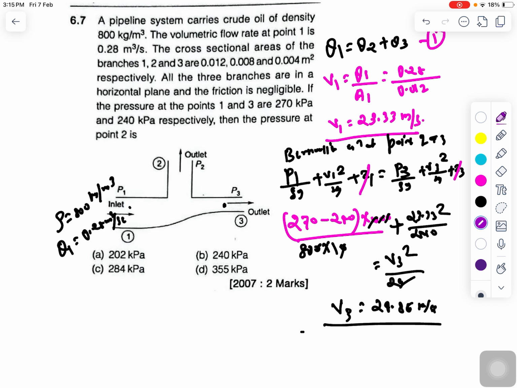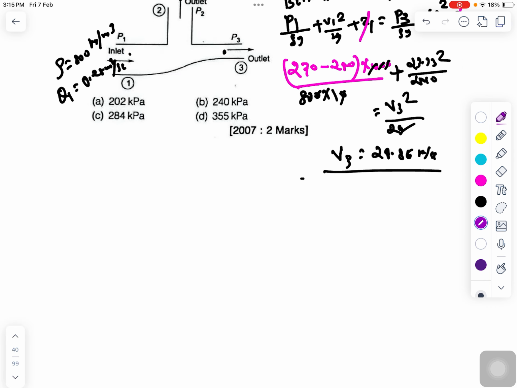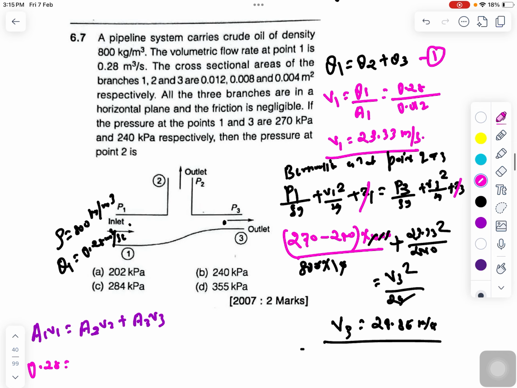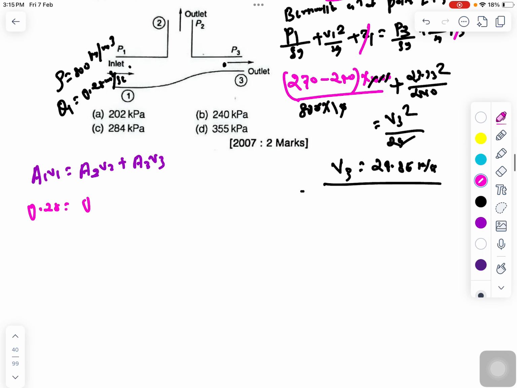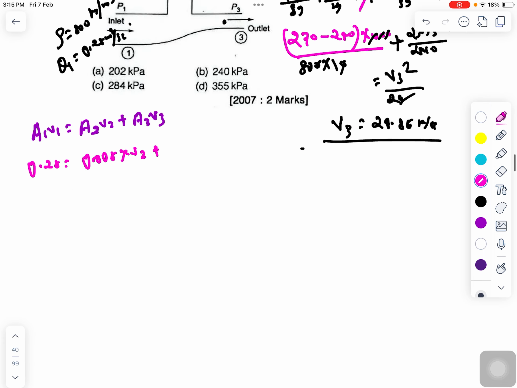Now once we get the value of v3, you can calculate the value of v2 also, right? So I can write A1 v1 is equal to A2 v2 plus A3 v3 using the continuity equation, and that is 0.28 equals A2, which is also given to you as 0.008, multiplied with v2 plus A3, given as 0.004, and v3 is 24.86, right?